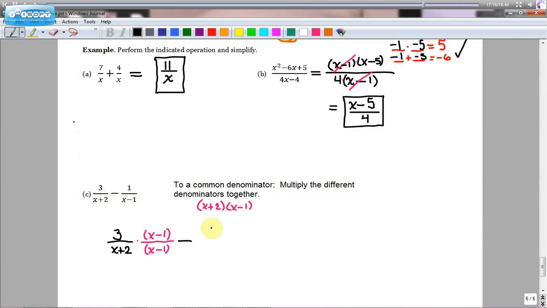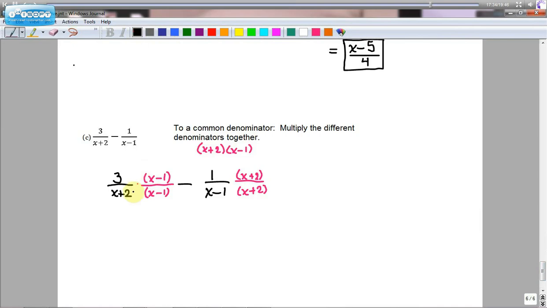Then we have a minus 1 over x minus 1. To get our common denominator, I have to multiply this by x plus 2. So I also have to do that in the top. Now this is going to equal, in the top, 3 times the quantity x minus 1 divided by x plus 2 times x minus 1.